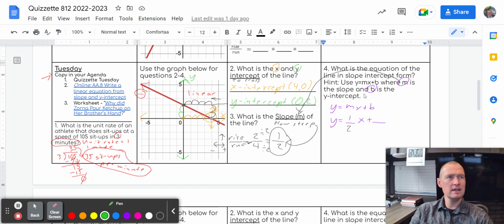And our last value, b, which is the y-intercept, is only the y value in the y-intercept. And that y value is going to be a total of 2. So our final equation here is y equals 1/2x plus 2.